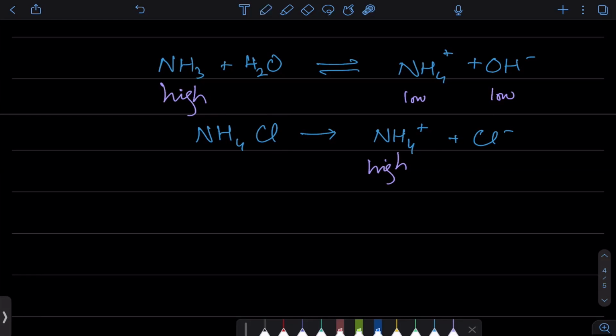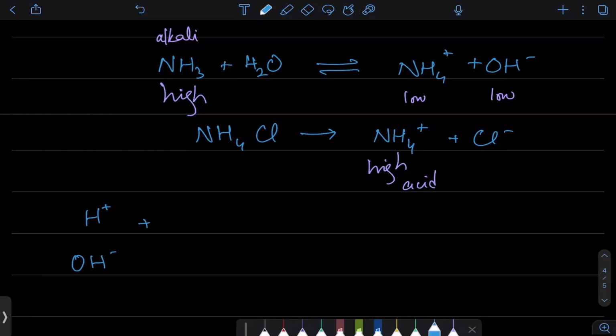So this is going to overshadow the contribution of ammonia. So in this equilibrium, my alkali, or base, is ammonia, and my acid is ammonium.